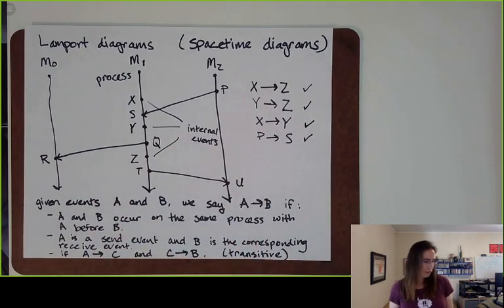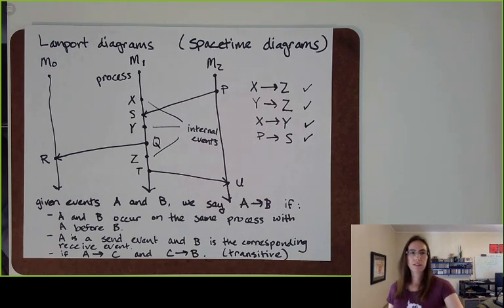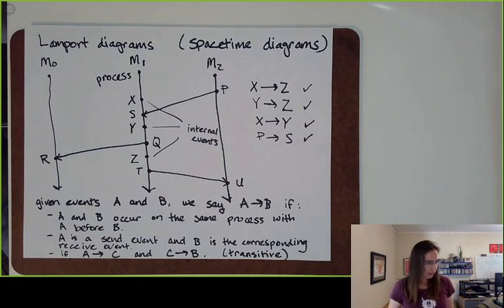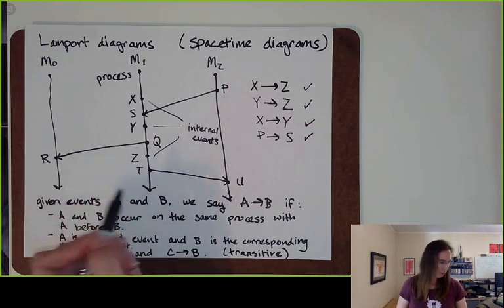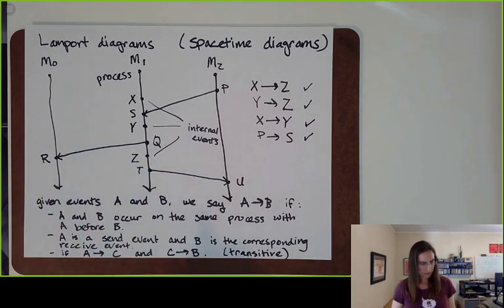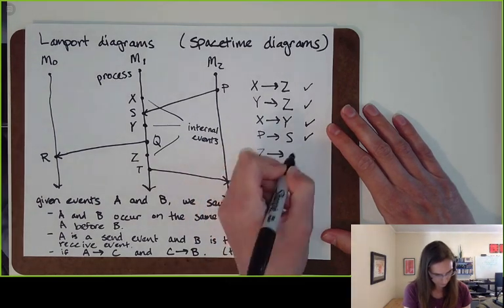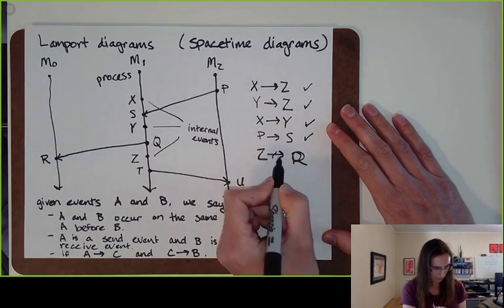How about R and Z? Are those events related by the happens before relation? No, they're not. So it's not the case that R happens before Z, and it's also not the case that Z happens before R. So we can write a little not happens before like this.